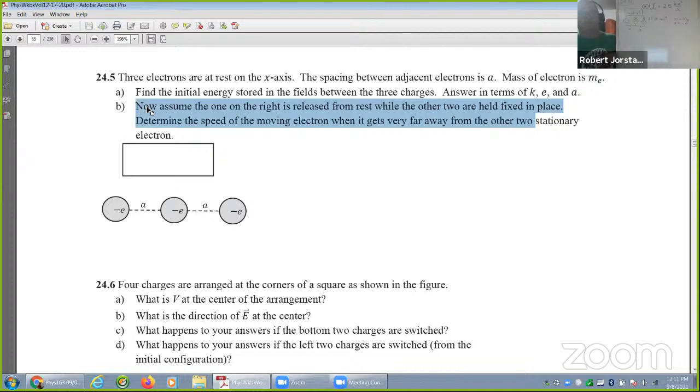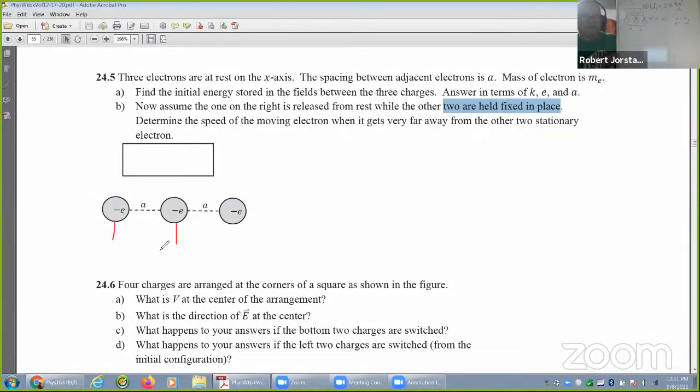Okay, so Esteban was correct in his first assessment that if we release all three of them from rest, we expect the one in the middle to sit still. But now we're told we're going to hold two of them in place. So we're going to take these two and we're going to pin them. So these two are fixed.